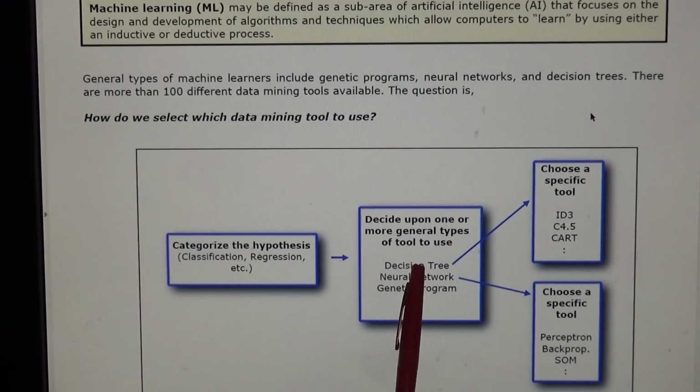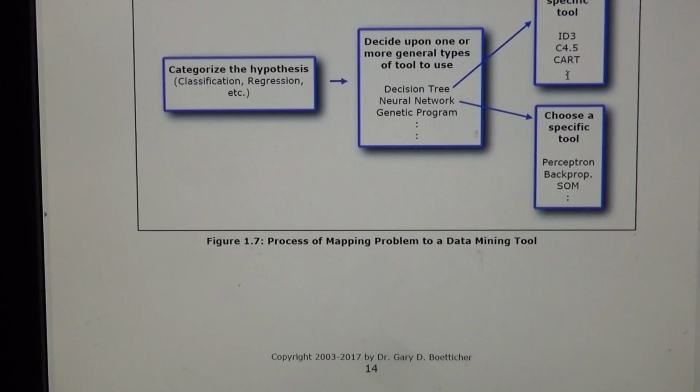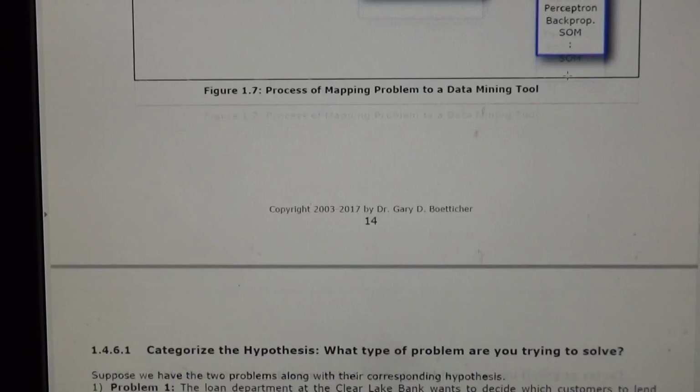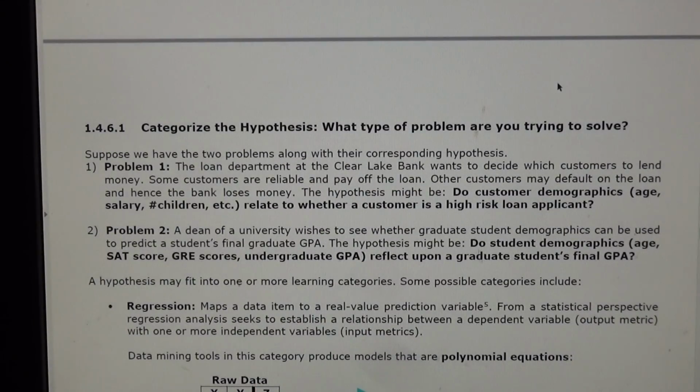So here are some of the general names and some of the specific tools within that area. So we think about that as we proceed. Now I'm going to stop here and continue in another video on categorizing the hypothesis.